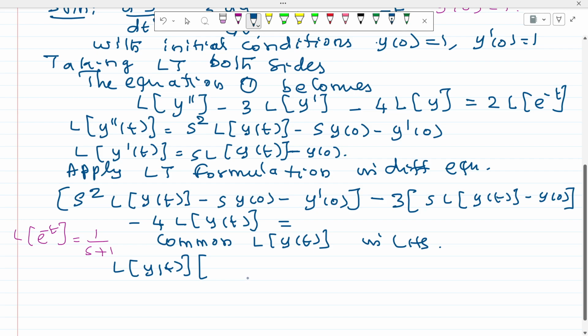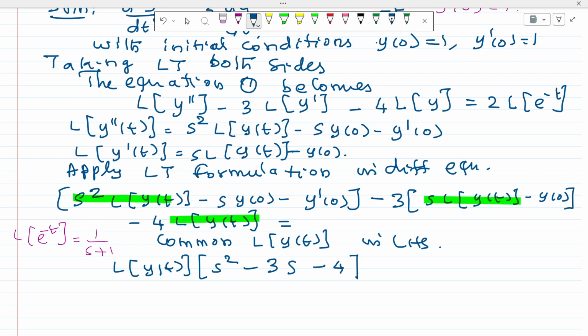There are three terms with L of y of t: s square, minus 3s, minus 4. So L of y of t is over.